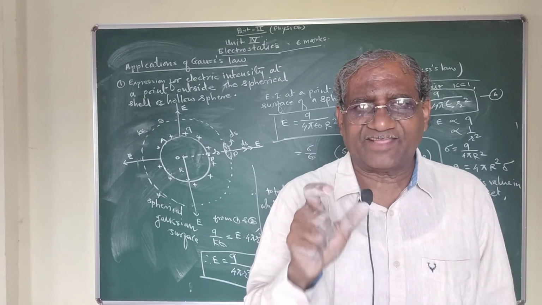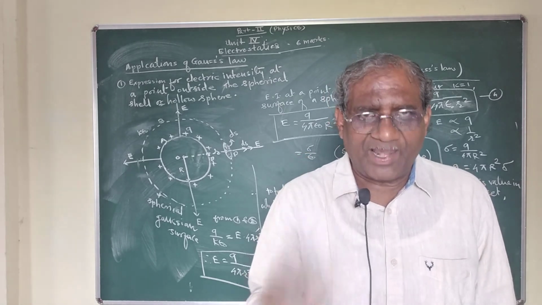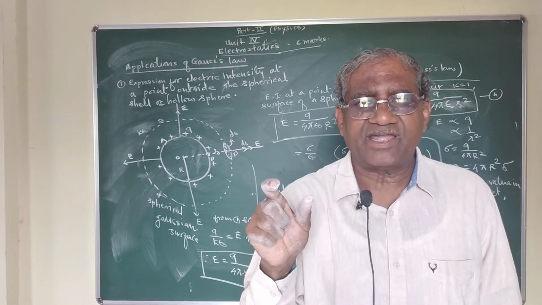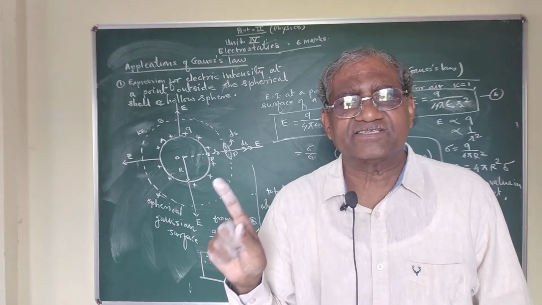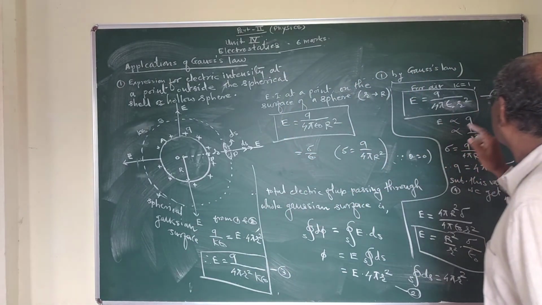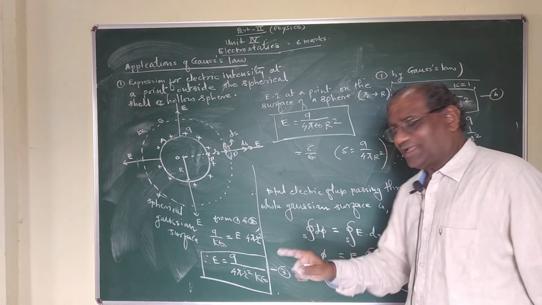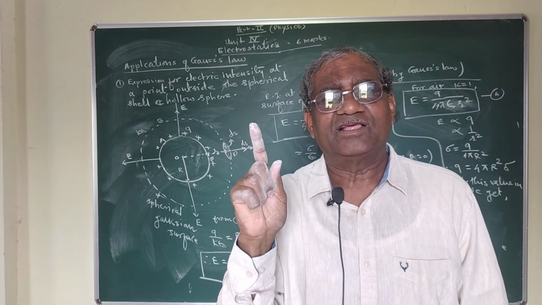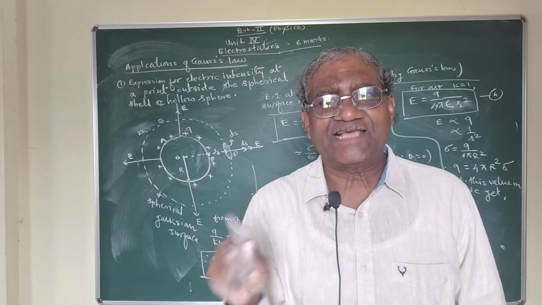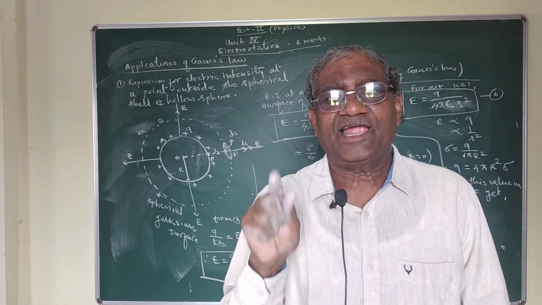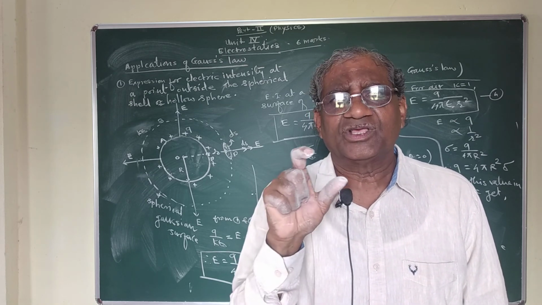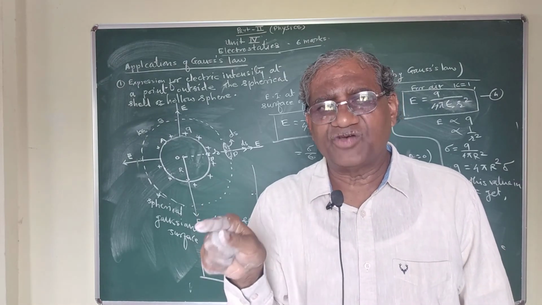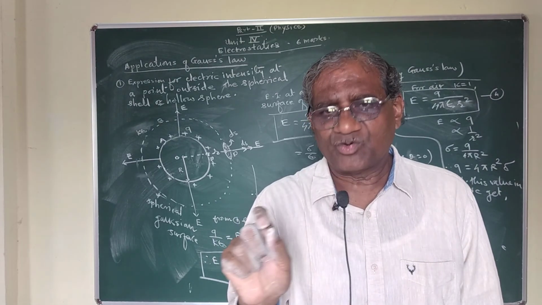By definition of electric flux, the electric flux produced over the surface area ds of the element of the Gaussian surface is given by E dot ds, that is E ds cos theta, but theta is equal to 0, therefore we can write d phi, the small flux produced over the small area ds of the element, is given by d phi is equal to E into ds.